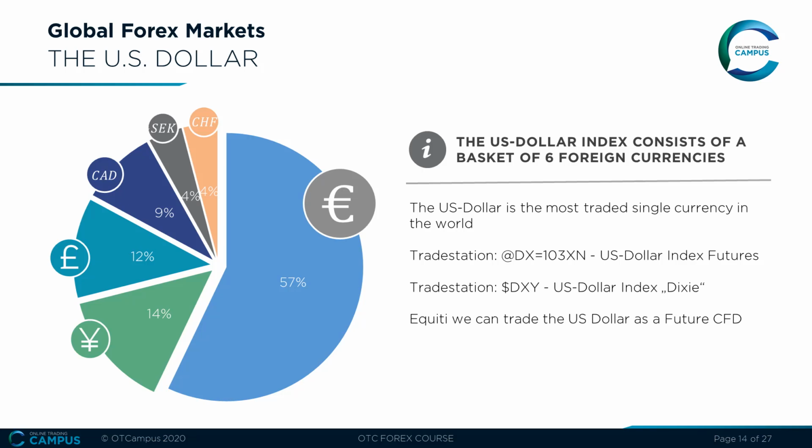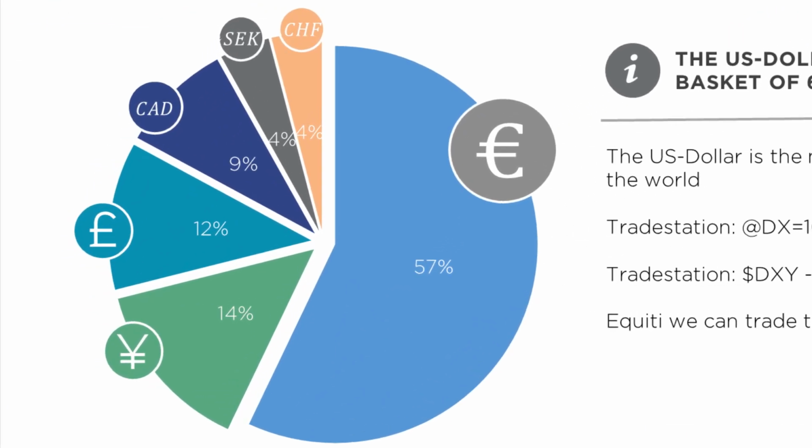Here you can see the weight of the currencies within the US dollar index. Look at the euro value weighted against the US dollar. It is pretty heavy weighted, right? 57% of the total weight of the US dollar value. So basically like a sports rivalry, FC Bayern Munich versus Dortmund, or if you watch baseball, Red Sox versus the Yankees.